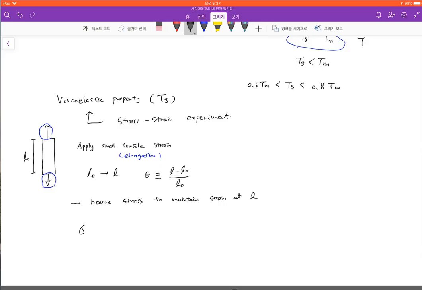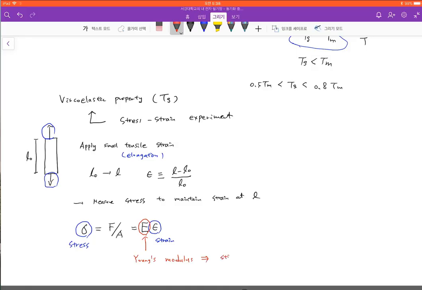Stress is also basically a kind of pressure. So pressure is force per area, and it is known that stress is proportional to strain, tensile strain, with a proportionality constant E. Here E is called Young's modulus.